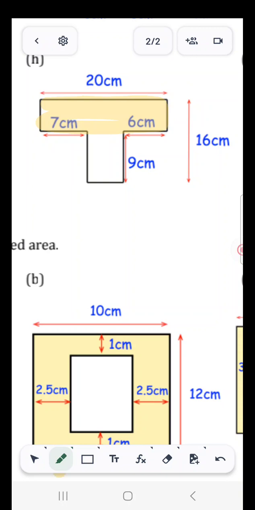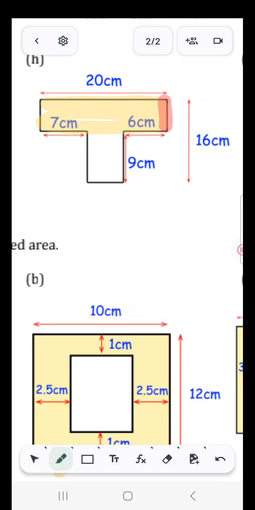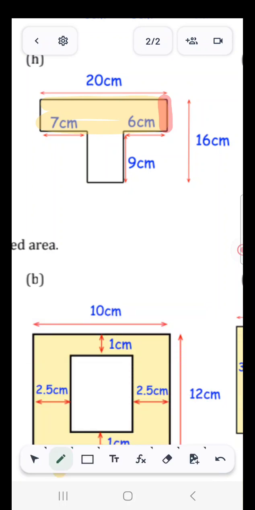Okay, here you need to consider a few things. Let's say this is the length and this is the width, and the length is very obviously 20. And the width should be how much? 16 take away 9.